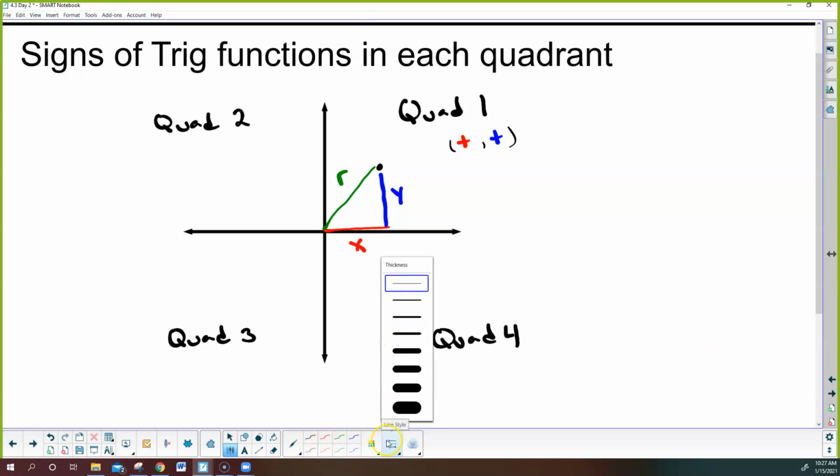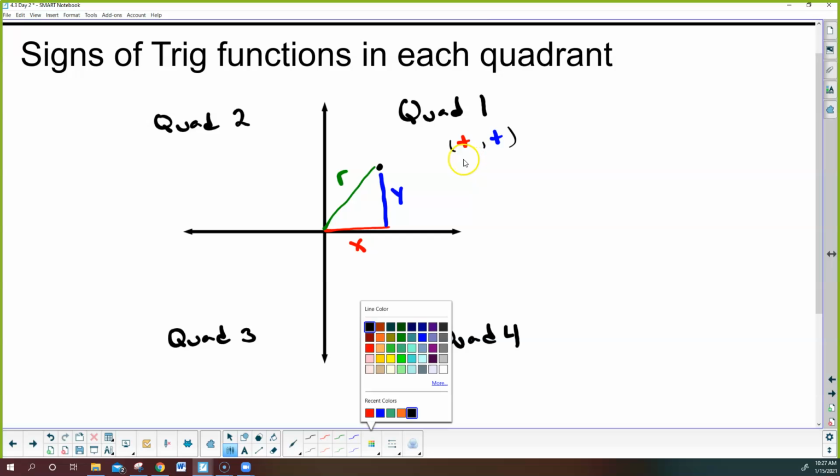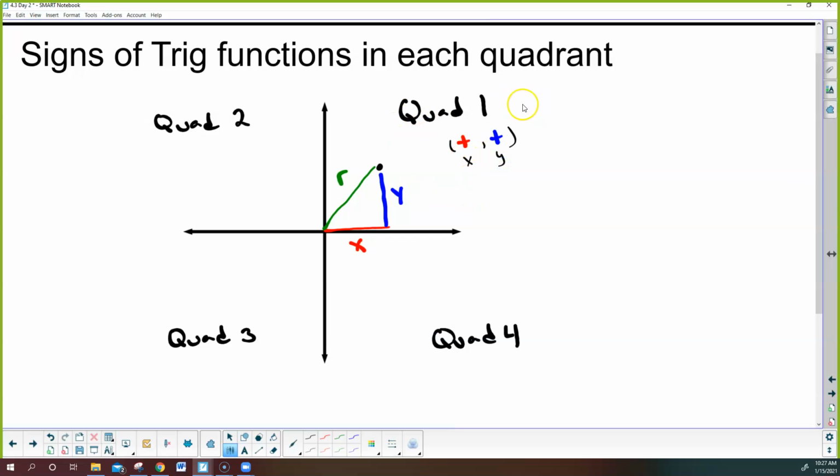And if x and y are both positive, that means all trig functions in quadrant 1 are positive. Okay? I'm going to underline that word all, and you'll see why in a second.